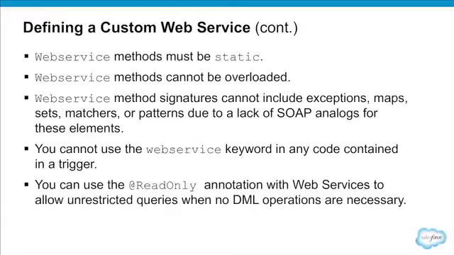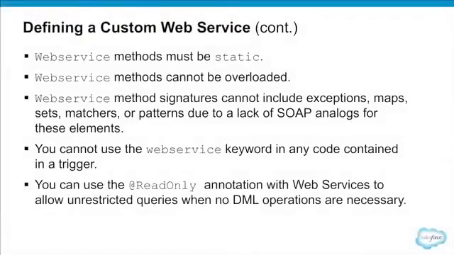What read-only does is if you have a custom web service that is designed to return a large number of records or fetch a large number of records, and you want to actually go through the 50,000 limit in the governors for the number of records that you can retrieve from the database, you can apply the read-only annotation to that web service method.